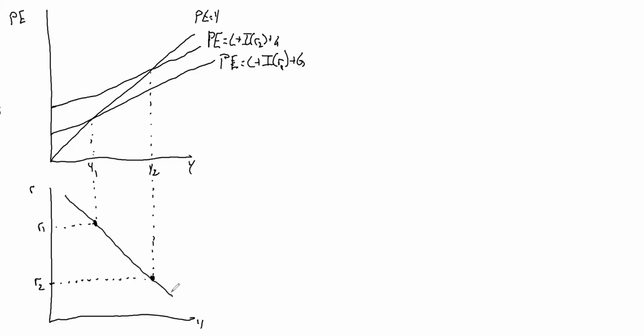And connecting those, we can see this inverse relationship between the interest rate R and total income Y. That is our IS curve. That is the negative relationship between the interest rate and investment.